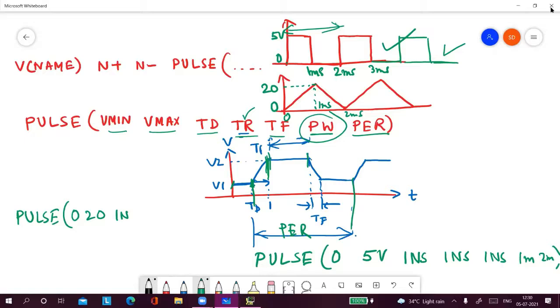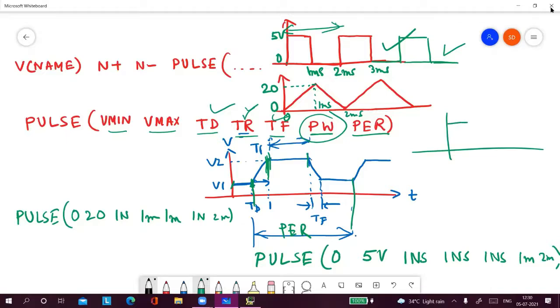Then the rise time is 1 millisecond, and the fall time is also 1 millisecond. Then pulse width is 0, so instead of 0 you write 1 nanosecond. And the period is 2 milliseconds.